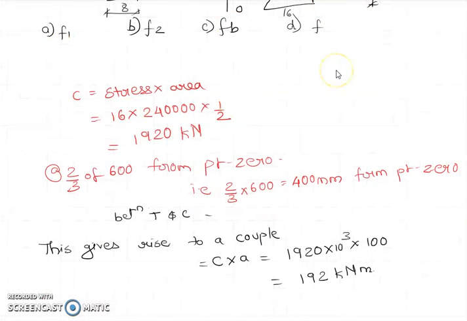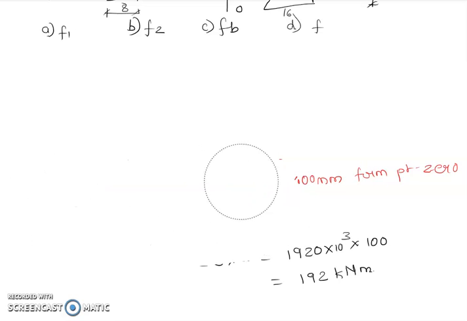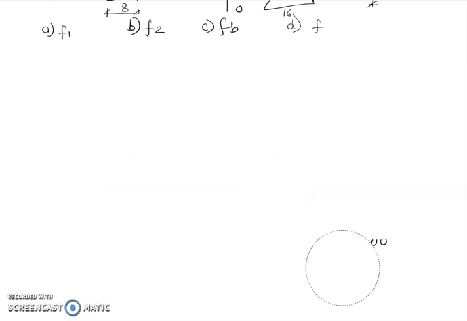Now let us see what is the stress distribution at the midspan of the section. Again the concept remains the same, but the only thing that will change here is that there will be a midspan moment.